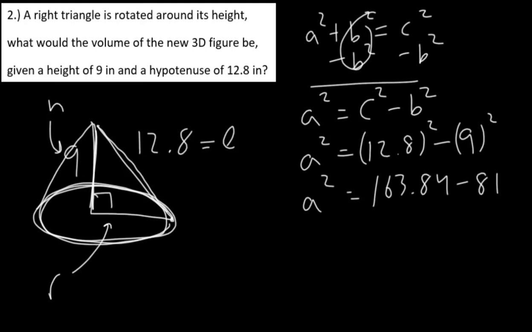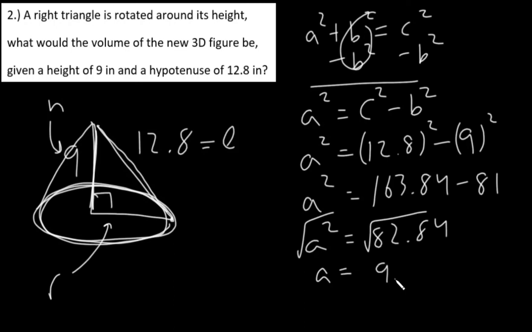So let's do 163.84 minus 81, and of course a squared will give us 82.84. Now, how do you get rid of a square? Well, we take the square root of both sides, and it turns out a equals 9.1. We'll just leave it there. Okay, so we now know that a equals 9.1, but what was that really?